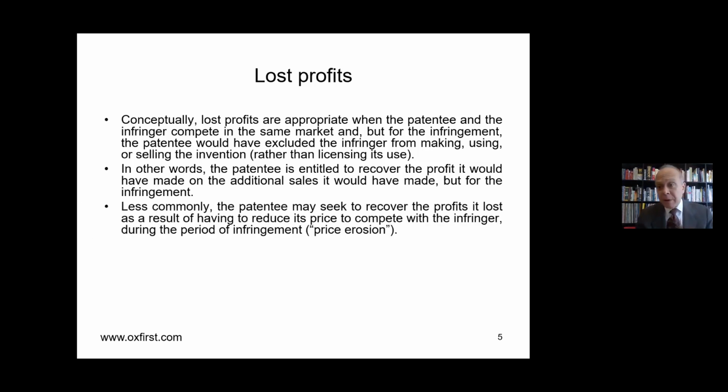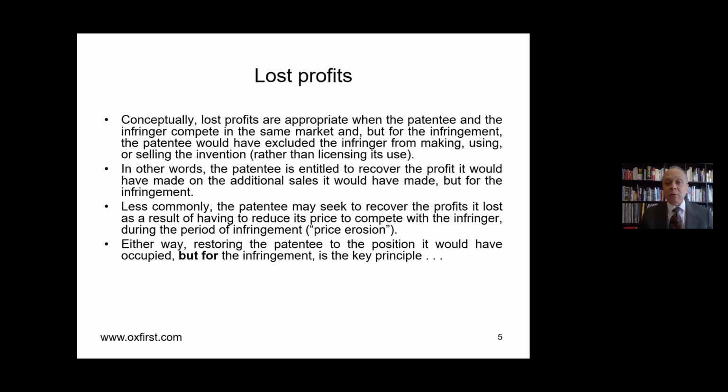Less commonly, but another possible subcomponent of a lost profits award is an award for so-called price erosion. If during the period of infringement, the patentee, in order to maintain its market share, reduced its price below what it otherwise would have been, then the patentee may be entitled to damages to make up for that component of the lost profits award as well.